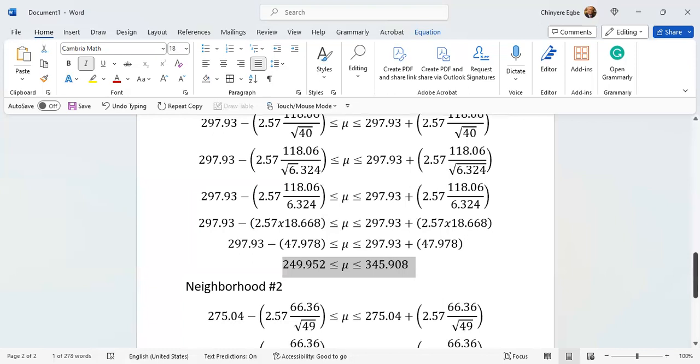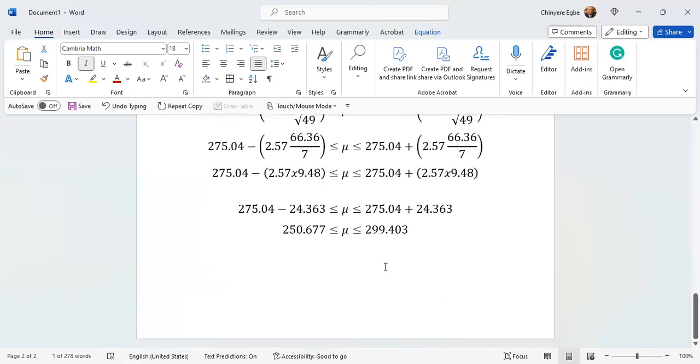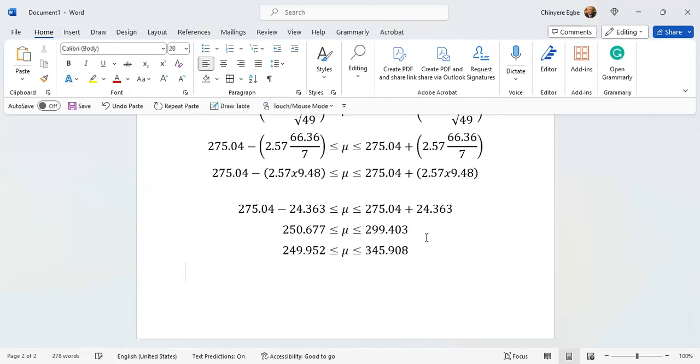For the second neighborhood, we can say with 99% confidence that the average price per square foot is between 250.677 and 299.403. So can we say with 99% confidence that the average price per square foot in the two neighborhoods is different?